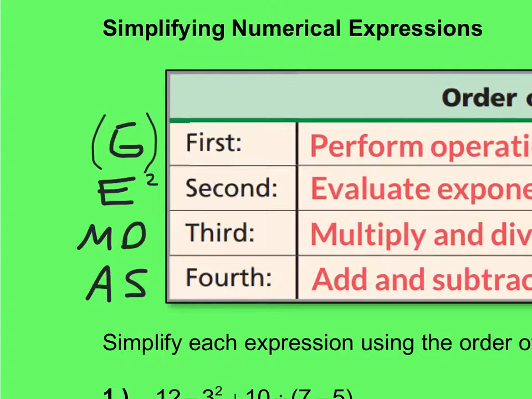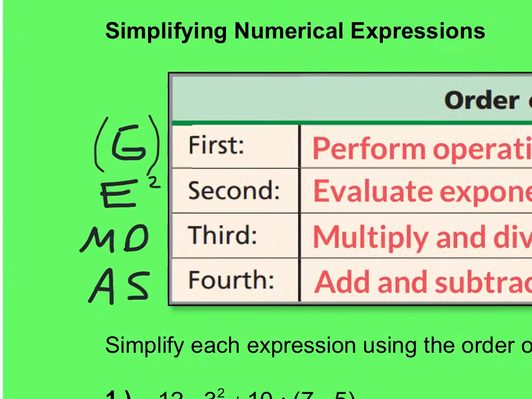Multiply and divide, the M stands for times, so I put a little times symbol. The D stands for divide, so I put a little divide symbol, but then I put a little arrow underneath it to remind me that it's left to right. A stands for add, S stands for subtract, so I put a little plus and minus sign. And again, I do that arrow from left to right.